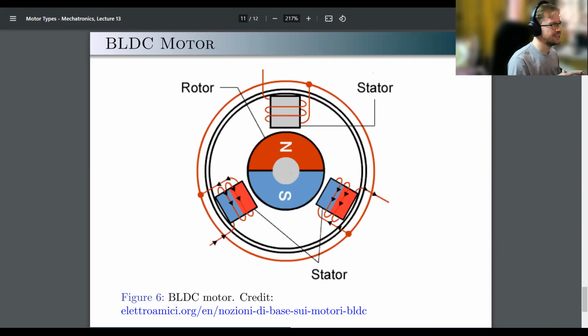What is important for us is this motor appears to be, again, a copy of AC motor. But the difference is we don't plug it into a wall. Instead, we plug it into a controller, which generates for us various voltages with various coils. That is the first difference.